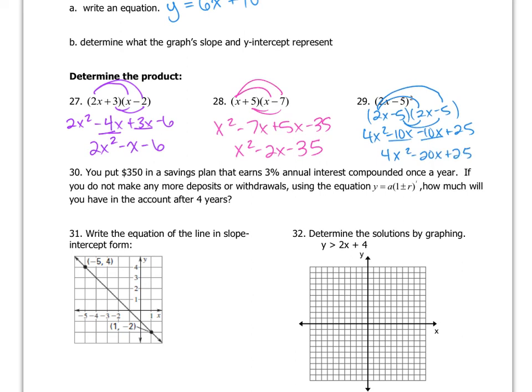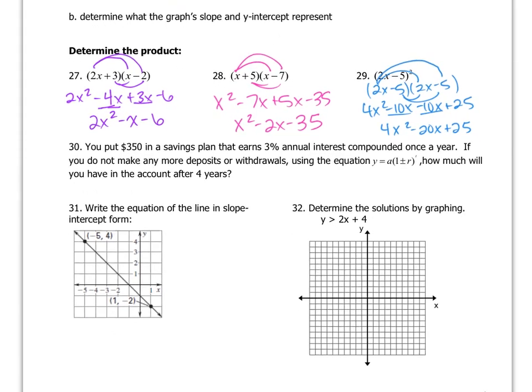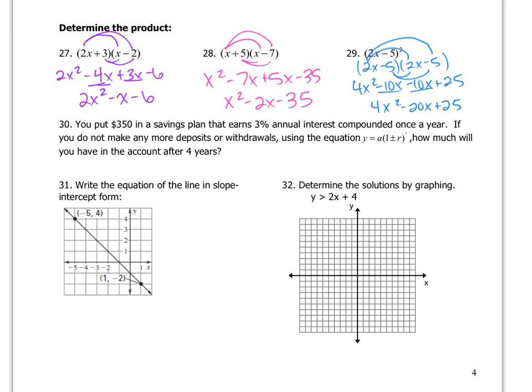Number 30 talks about a savings plan where you put in $350 and earn 3% annual interest, compounded once a year. If you do not make any more deposits or withdrawals, using the growth or decay equation, how much will the account have in 4 years? In this case, you have to remember that A is your initial amount, so that's $350.